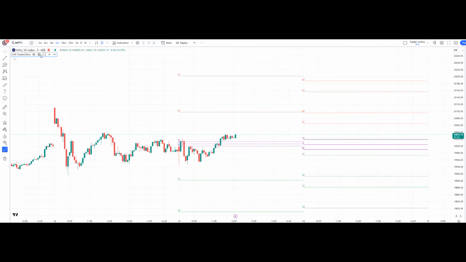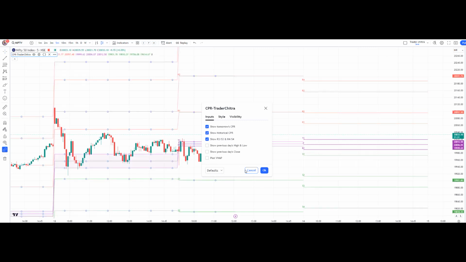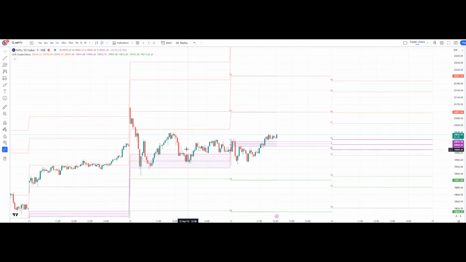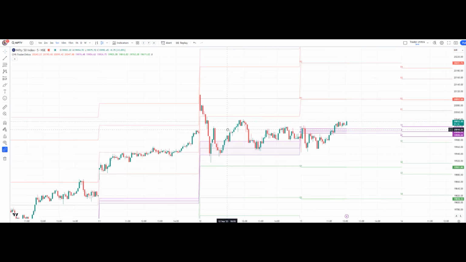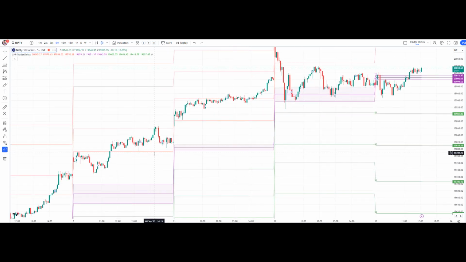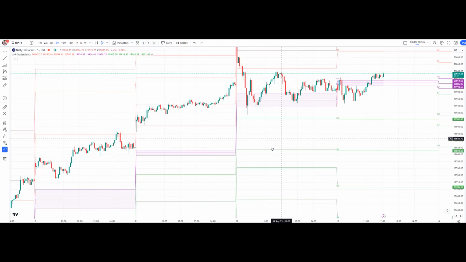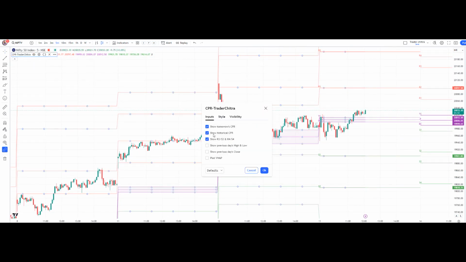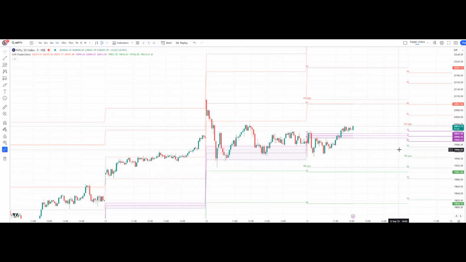When we go to the settings here and click on show historical CPR, we can see the previous days' CPR, that is 12th, 11th, plotted here. Also, when I click on show previous day high and low, the previous day high and low will be plotted. PDH is previous day high, PDL is previous day low.